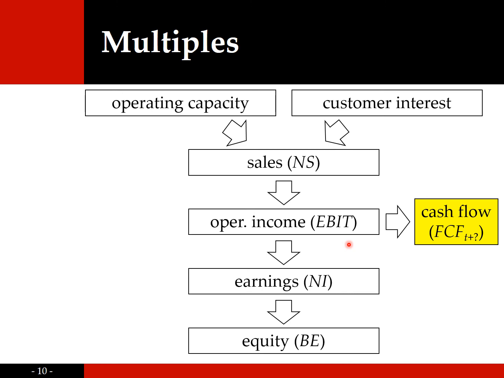And therefore, it is quite likely that the most appropriate numbers capturing the magnitude of the company's base to generate future cash flow will be found somewhere here in the middle of that process, because they are quite close to the actual cash flows.